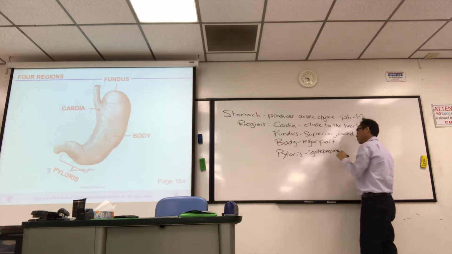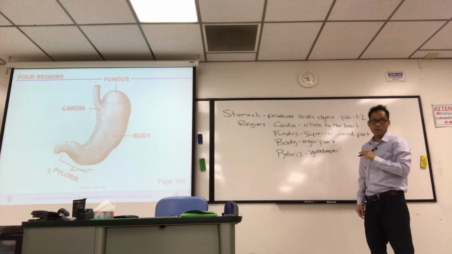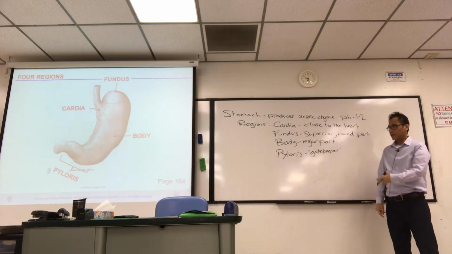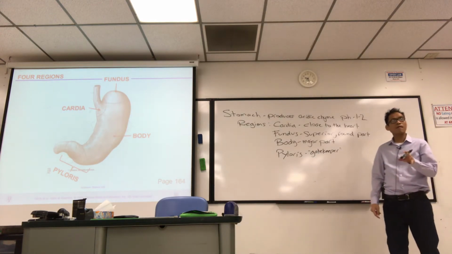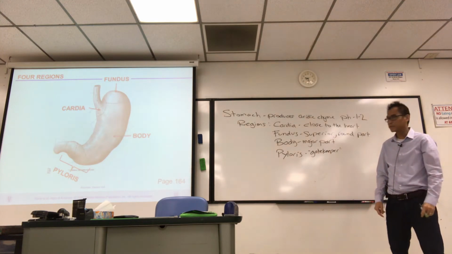There is a very strong muscular sphincter within that region called the pyloric sphincter. It's a gatekeeper that helps keep the acidic chyme mostly in the stomach and only sparingly allows the chyme to pass through in small amounts to the intestine.